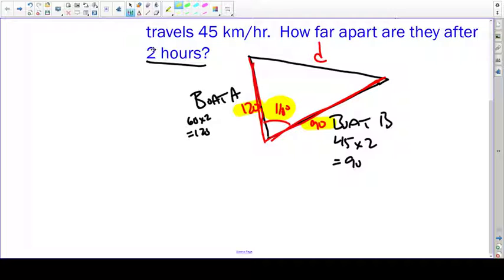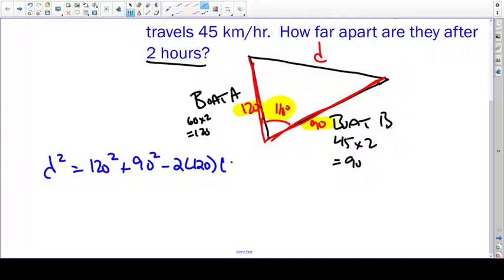So just like we illustrated in the last lesson, when that's the case, we're doing cosine law. So let's do it. It's going to be d squared, because that's what we're looking for, equals 120 squared plus 90 squared minus 2 times 120 times 90 times the cosine of 110.